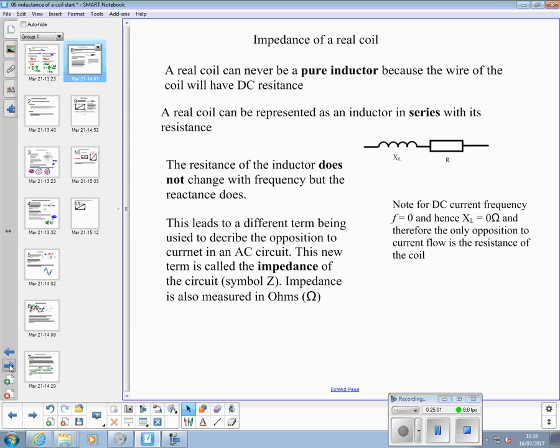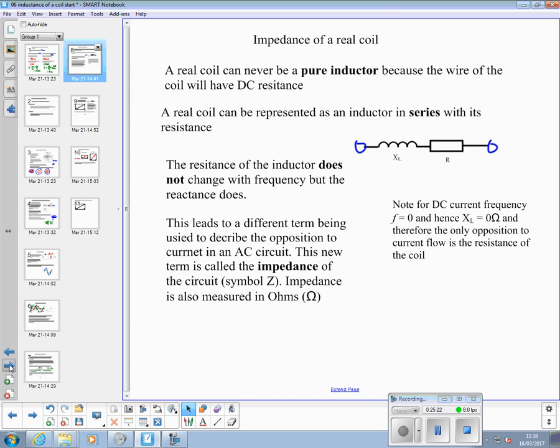So we've got the inductor's got an inductive reactance XL, and the wire has got some DC resistance R. And that symbol is a representation of a real inductor. Our real inductor here. Yeah?